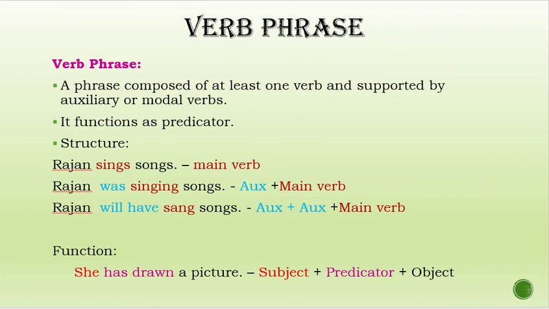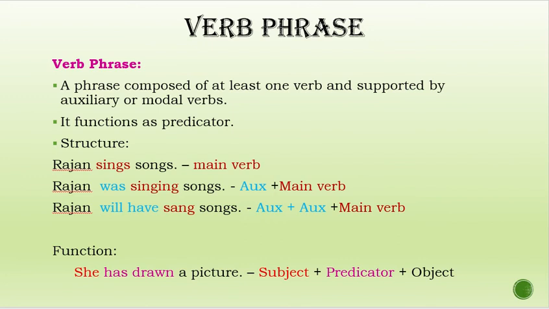A phrase composed of at least one verb and supported by auxiliary or modal verbs is called a verb phrase. Look here. A phrase composed of at least one verb and supported by auxiliary or modal verbs. Auxiliary means सहाय्यक क्रियापद.